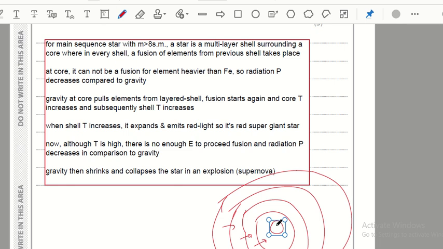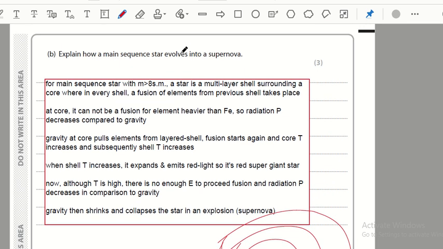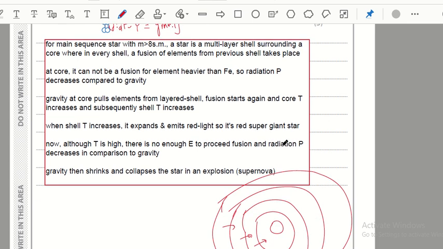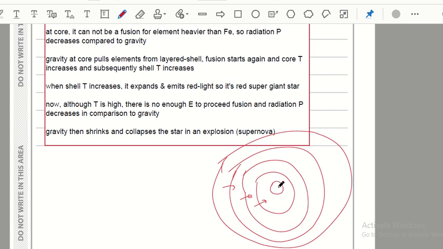Okay, so as fusion stops here in the core, radiation pressure will decrease compared to gravity. Remember that at the main sequence, the point that we started from in the life cycle, we have radiation pressure equal to gravity at the center of the core. So when fusion stopped, energy at the core is not enough to do more fusion.